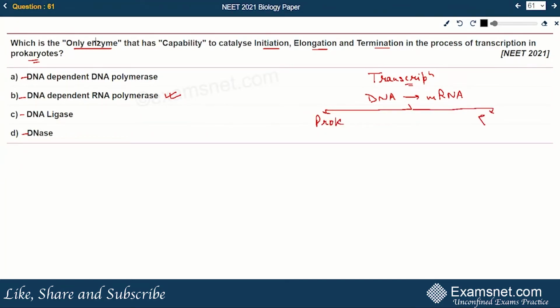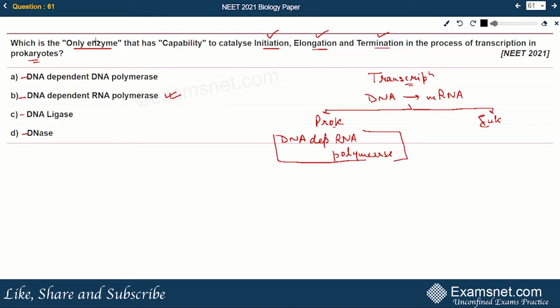The process in prokaryotes is quite simple, so only a single enzyme known as DNA-dependent RNA polymerase is used for all the steps, that is initiation, elongation, and termination. So this is our answer.